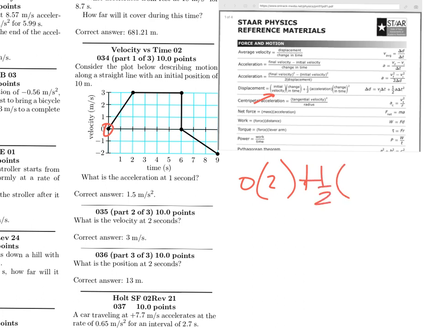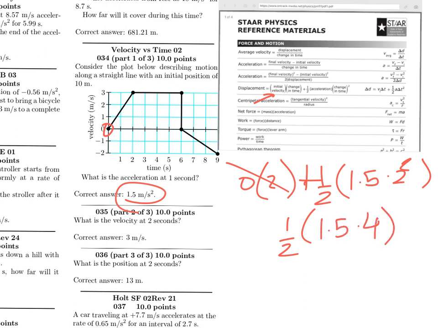The acceleration, which we had earlier, was 1.5 times the time squared, which was 2 squared, right? Sorry about that, let me redo that so it's not confusing looking. Okay, so 0 times 2 goes away. So you have 1/2, 1.5 times 4.